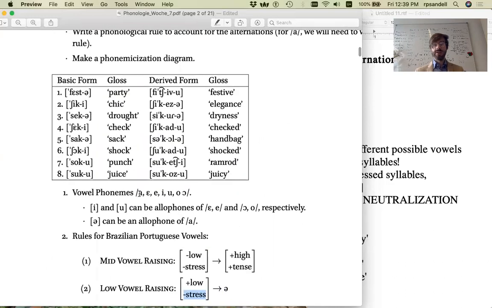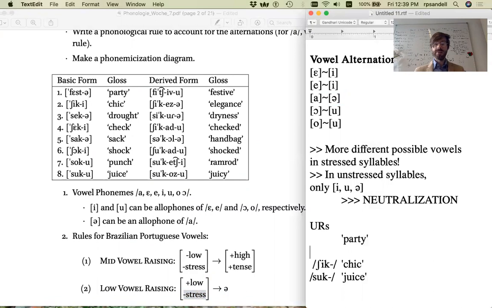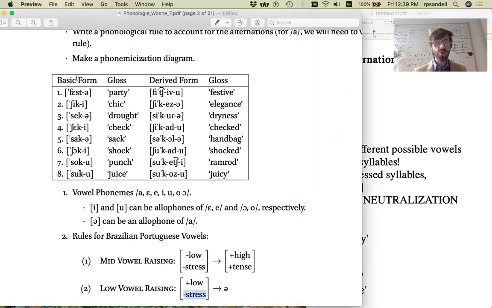So that will essentially account for the patterns of allomorphy that we see. So this means that in terms of setting up the underlying representations for each of the roots, we should simply put the form of the root as we see it in the basic form in this case.